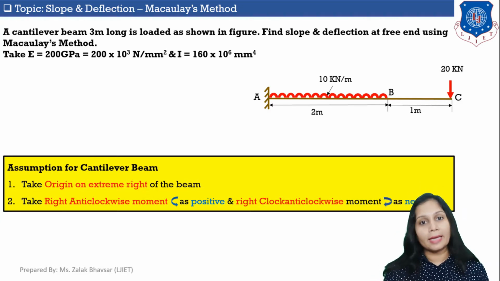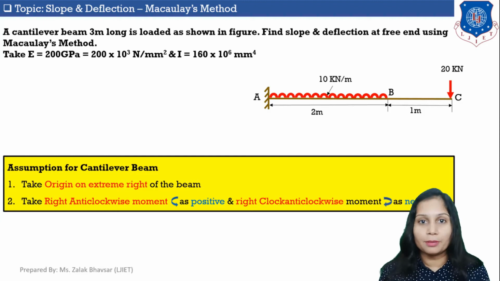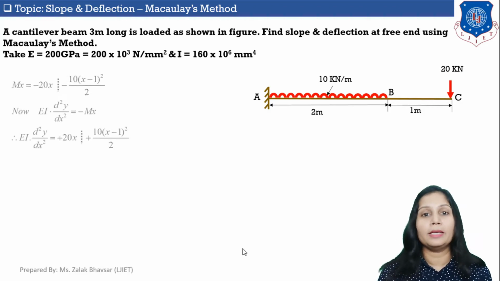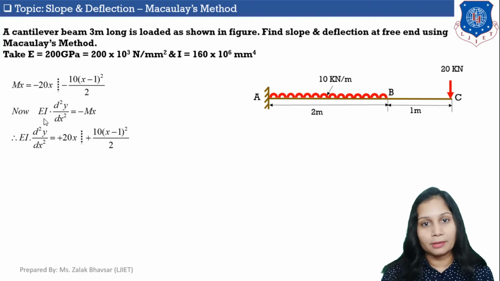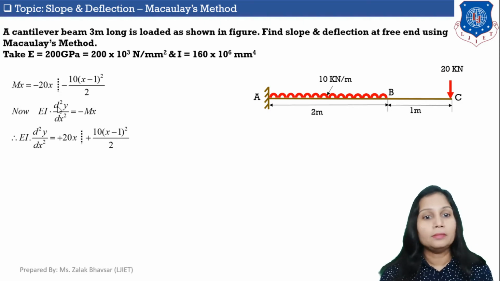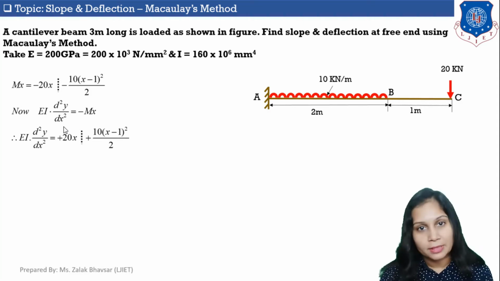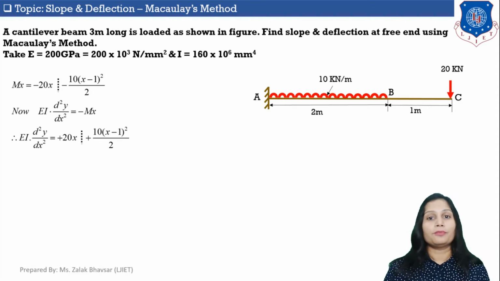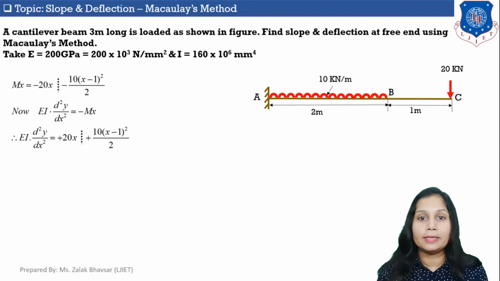So here in cantilever beam, we need not calculate support reaction. So we will start with step number 1, which is formulating differential equation. So here is our differential equation, which is EI d square y upon dx square is equal to minus Mx. So for formulating differential equation, first of all, we need to calculate Mx.